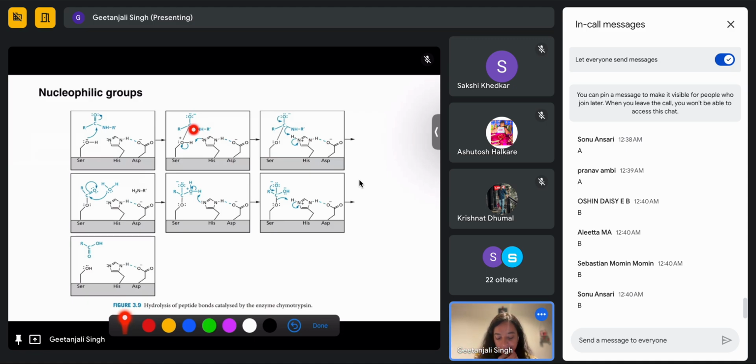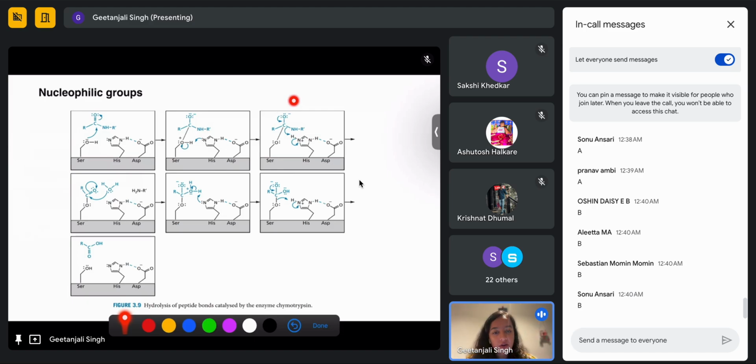So it lets the nitrogen take the edge to neutralize the positive charge in it. Now you can say nitrogen has positive charge, and this one has formed this tetrahedral, not exactly tetrahedral in this case, but you can see there are four bonds here.